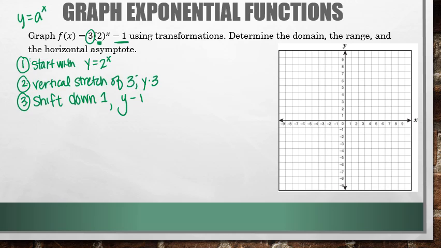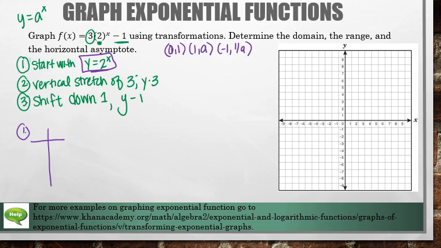We just learned on that last slide that all exponential functions in this form are going to contain the points (0, 1), (1, a), and (-1, 1/a). So if I'm starting out with y equals 2 to the x, the points I'd start with would be (0, 1), (1, 2), and (-1, 1/2).